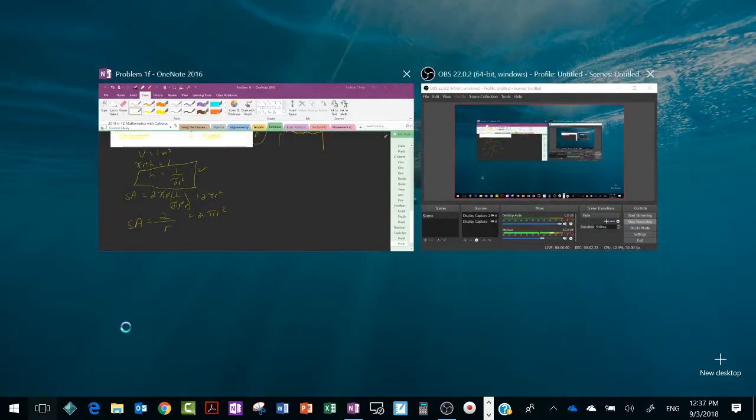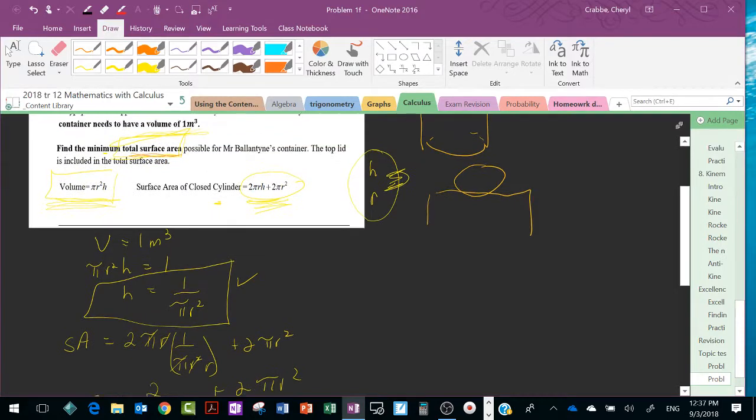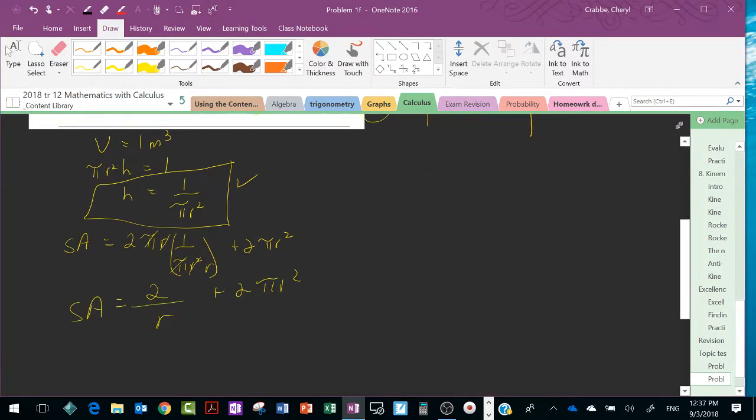Now I want to find the minimum surface area. So obviously I'm going to have to differentiate, and I'm going to have to make that differentiated expression equal to 0. So if I'm going to differentiate this, I might want to bring this r back up so it makes it a little easier to differentiate.